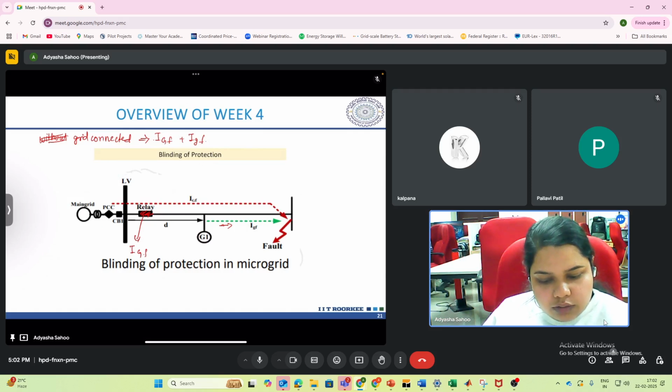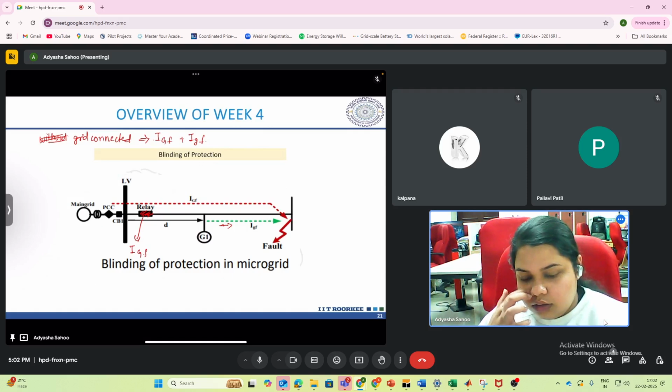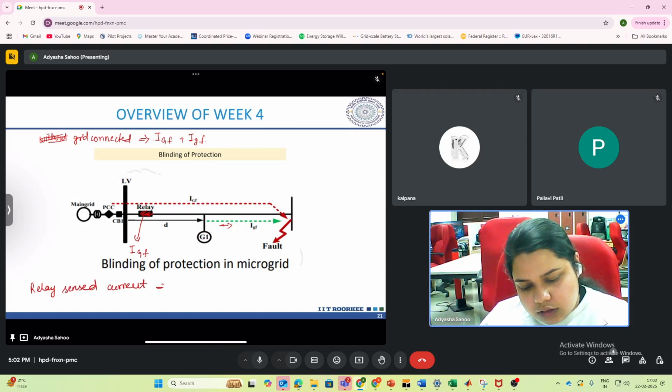So even if there is a fault, it may not operate because the sensed current is only IGF, while the actual fault current is IGF plus IGf.